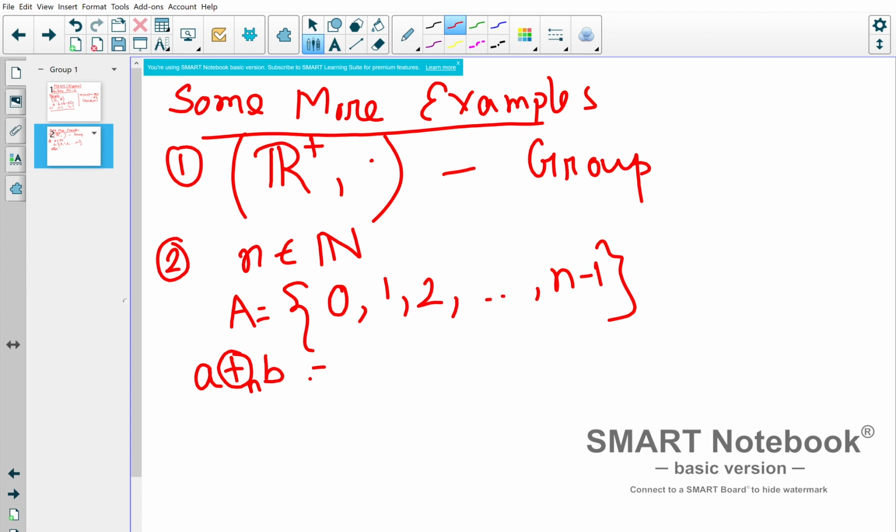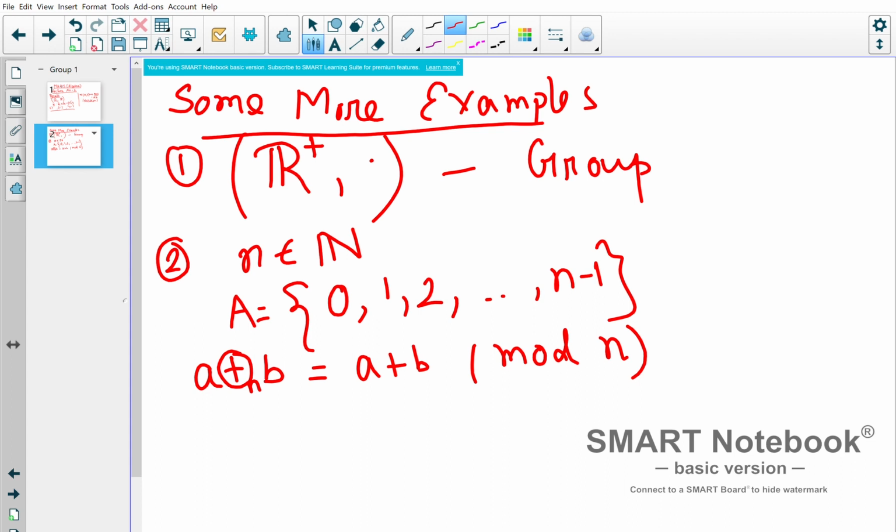This means a plus b modulo n. I hope you know what a modulo operation is. You take a plus b, divide by n, and check what the remainder is. With respect to this operation, you check this is also a group.